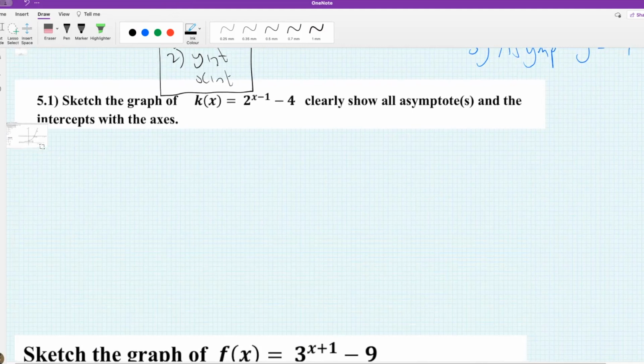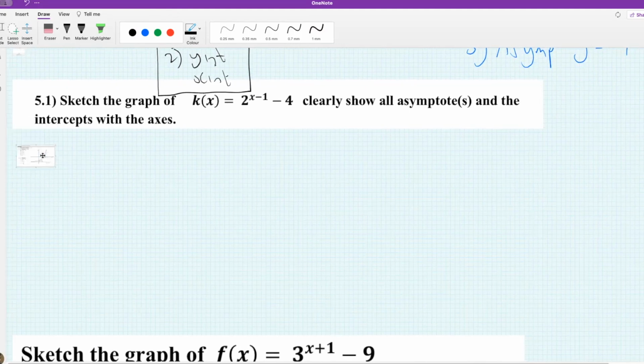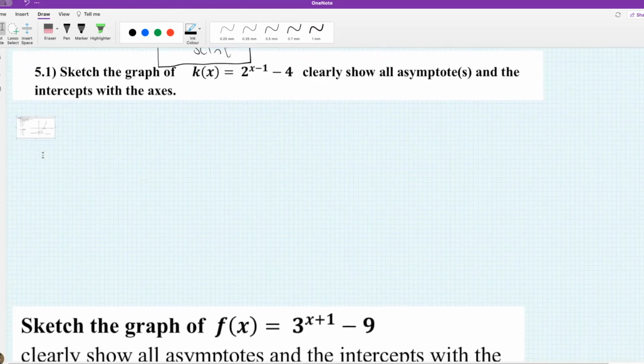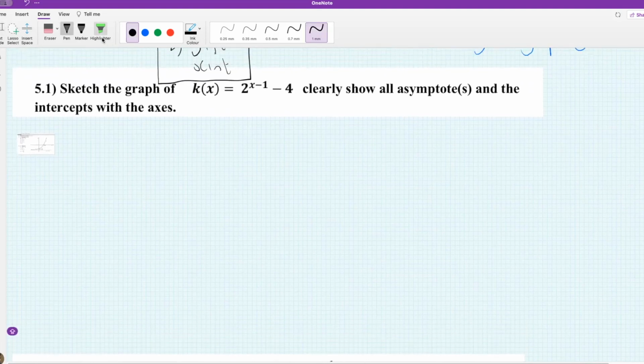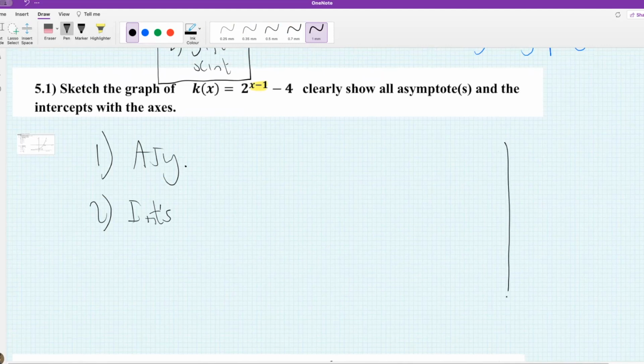So what I want you to do now is draw for me the graph of k of x. K of x is an exponential function, and the reason it's an exponential function is I notice the x is floating in the sky. Step 1 is write down the asymptotes. Step 2 is write down the intercepts, and then you draw it for me.